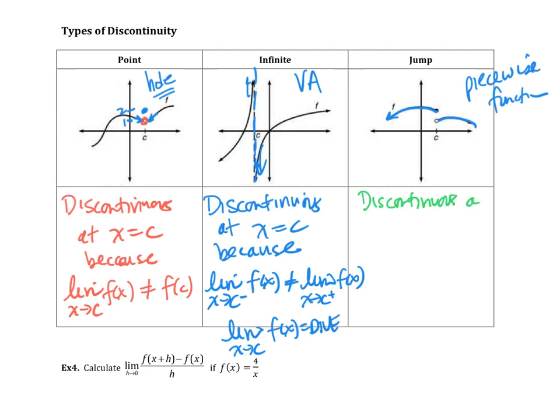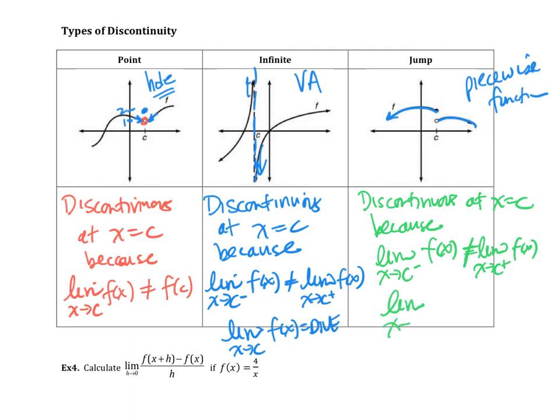discontinuous at x equals c because the limit as x approaches c from the left and the limit as x approaches c from the right do not equal each other, which means the limit as x approaches c also does not exist.